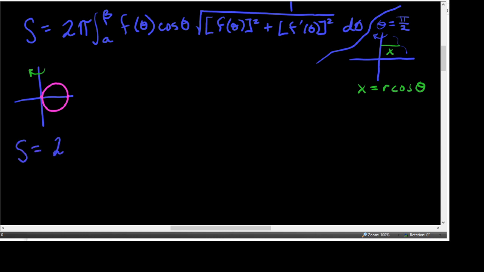And so we'll have 2 pi for the surface area, 2 pi times. We're going to have to figure out what created that circle. And you've got to be really careful here, because we're used to thinking of regular cosine as having a period of 2 pi. And in graphing some of these, you're actually having to do more than 0 to 2 pi to get the full graph, sometimes a lot less.